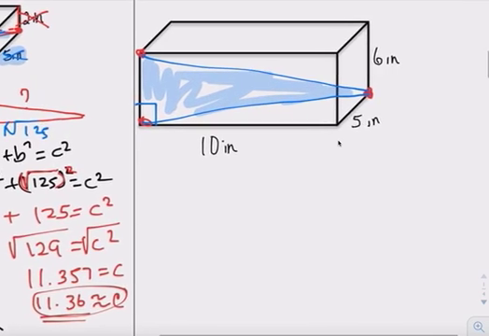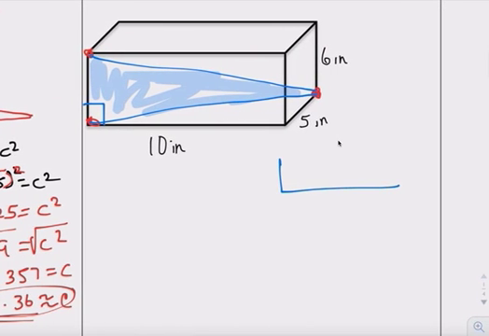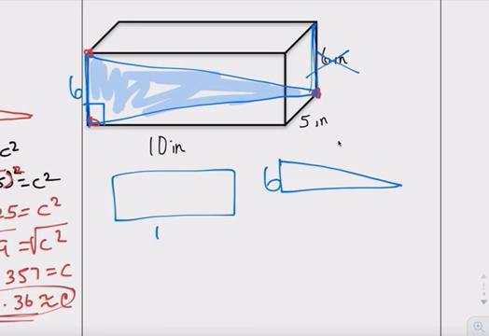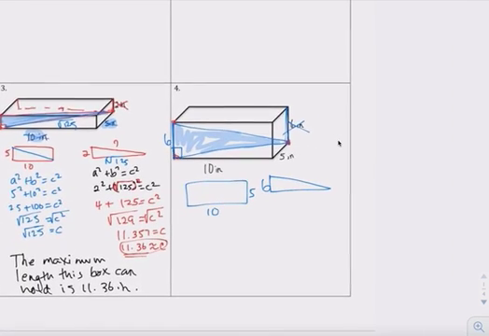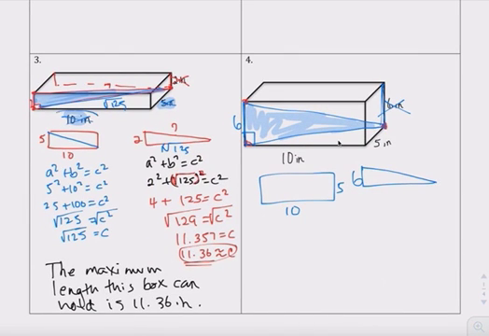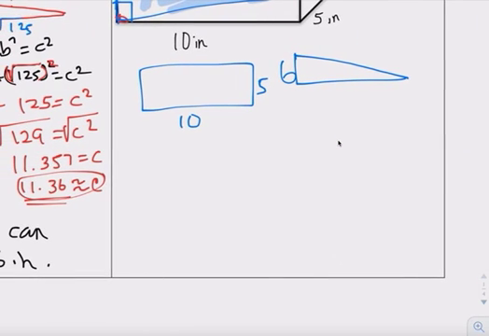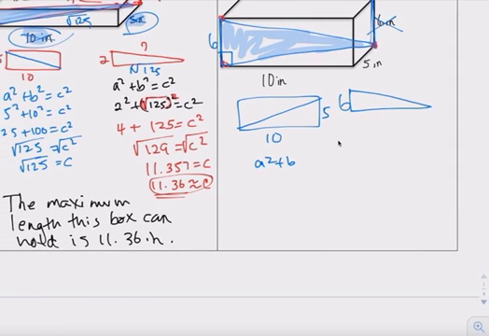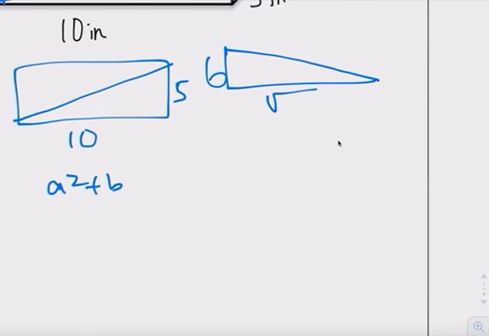Okay, this triangle right there, that blue one, this length right here is the same as this one here, so that's 6. We used up 6. We got the 10 and the 5 left right there. 10 and a 5, look, same thing. Why did I do that? I don't know. Makes life easy. So same as the box to the left. So you do a squared plus b squared, and you should get the square root of 125. This should be the square root of 125.